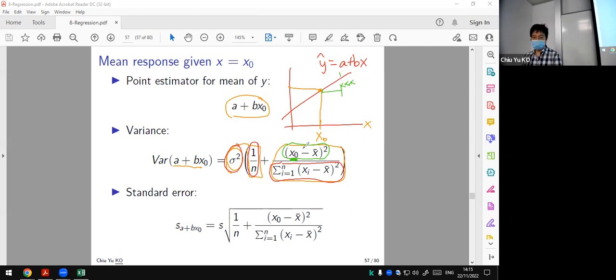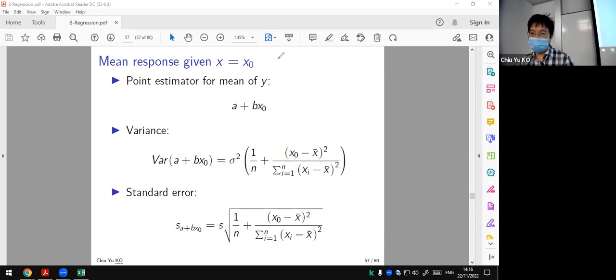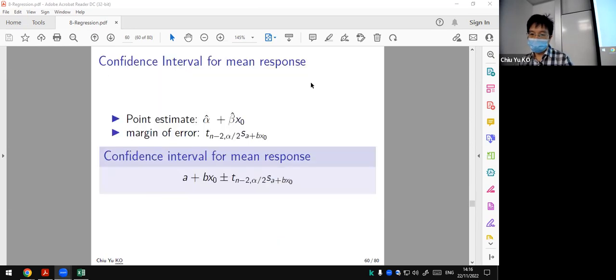To do this, you replace this by S, and this will be your SD. This is basically done. In this last slide, this is our point estimate, and we have our interval estimate, which is our CI.